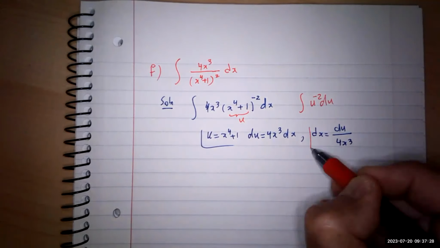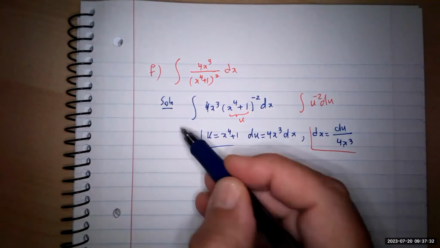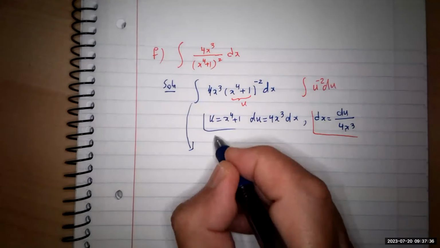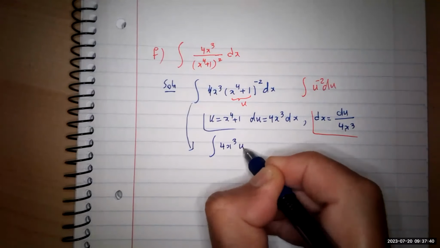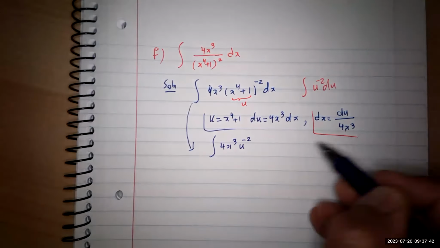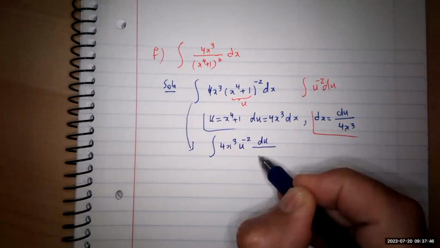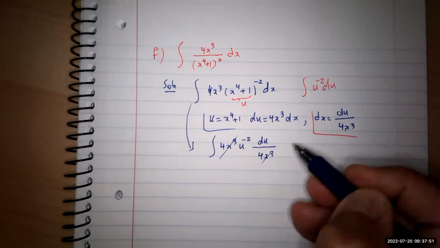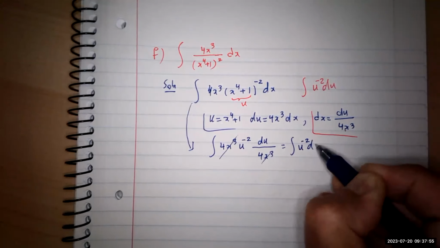If you go back and substitute, the 4x cubed would cancel out, and quickly you get your result. So we get a 4x cubed here, that's u to the negative 2, and the dx is du over 4x cubed. This would cancel out. You get the target, u to the negative 2 du.